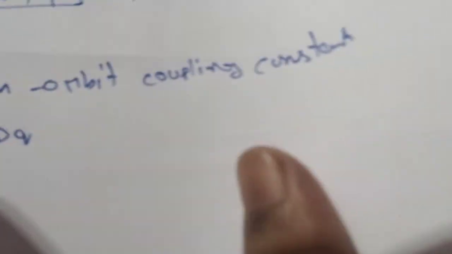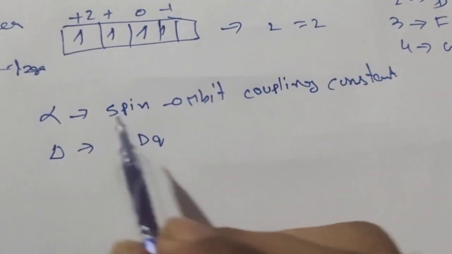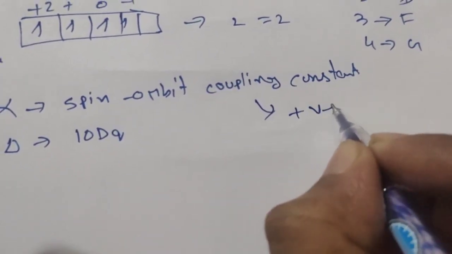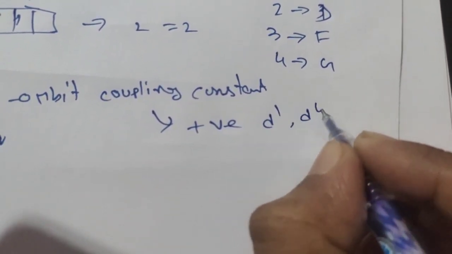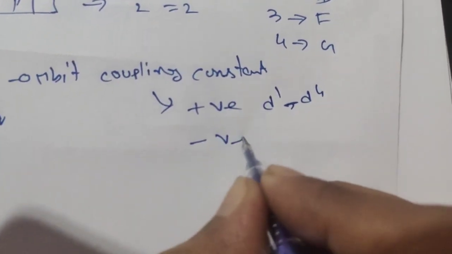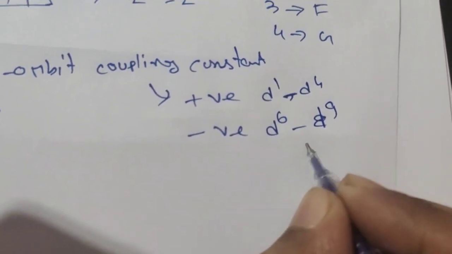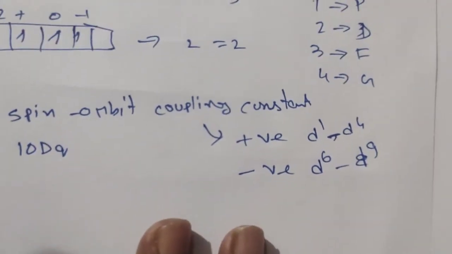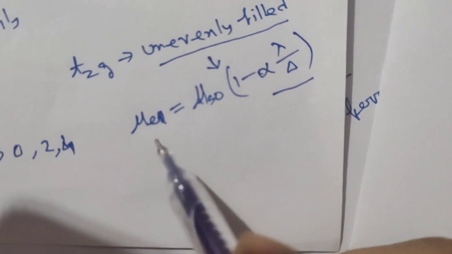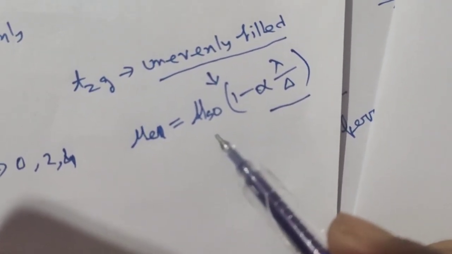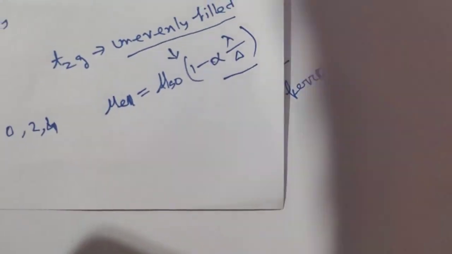Let me tell you this way: the constant alpha will be positive for d1 to d4, and it will be negative for d6 to d9, right? So when it is negative, the overall value becomes positive, so the mu effective will be more than the spin only value for d6 to d9.